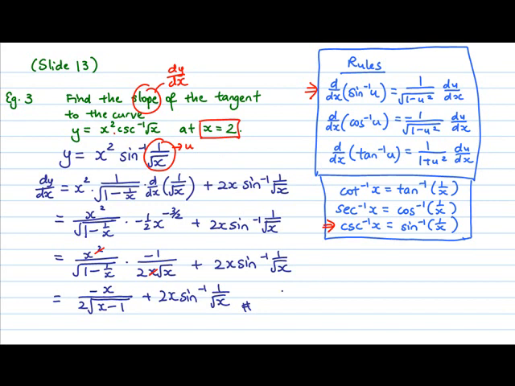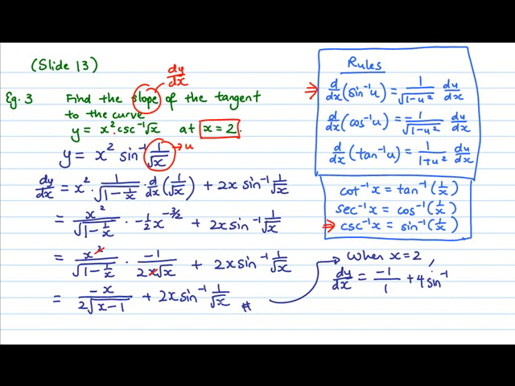That means, let me do it here. When x equals 2, you will have to substitute 2 here, and 2 will cancel. So I have negative 1 over square root 1. That's another 1. Plus, there's a 2 here, there's a 4. Sine inverse.